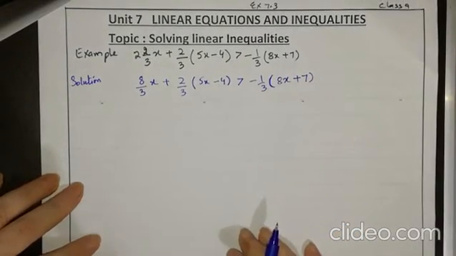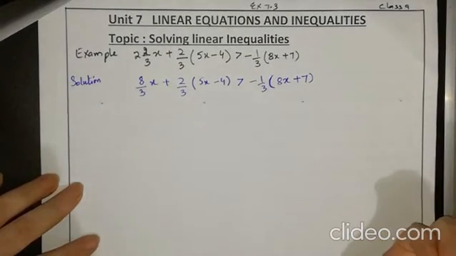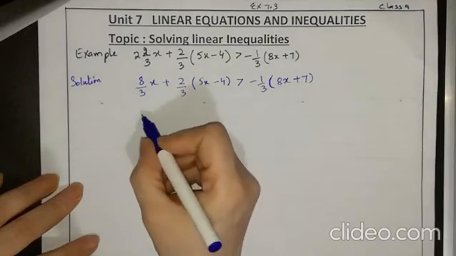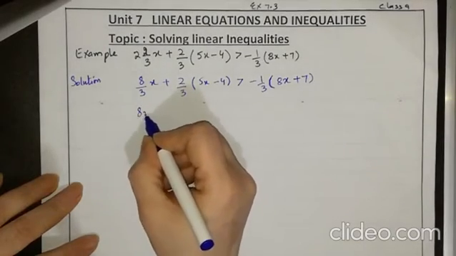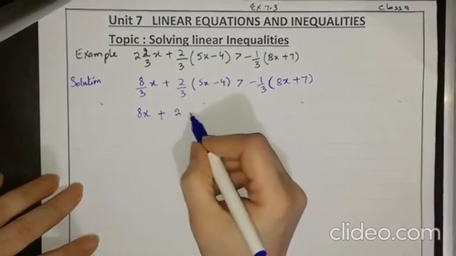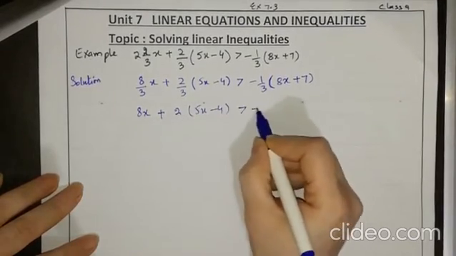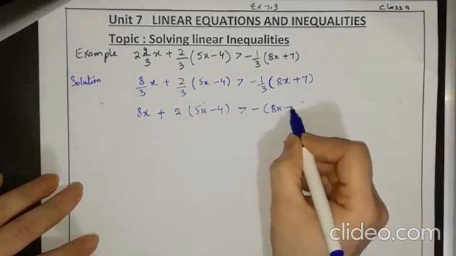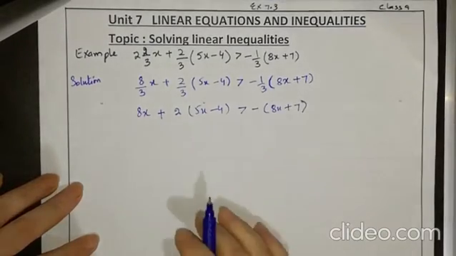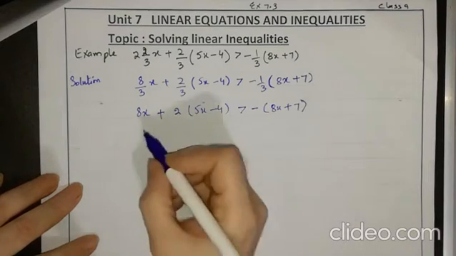Now we have the denominator 3. So multiplying both sides by the LCM 3. When I multiply by 3, 3 and 3 cancel. I have 8x plus 2(5x minus 4) greater than minus (8x plus 7). So this becomes simple and your denominator is removed.